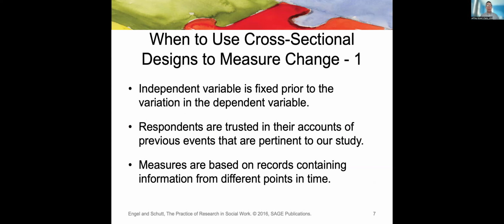All right. So we would use a cross-sectional design when we have an independent variable that's fixed in relation to a dependent variable. For instance, demographics, for the most part, are considered fixed. Typically we would say gender, racial identity, various other social constructs, which very quickly we see, hey, how fixed are these?